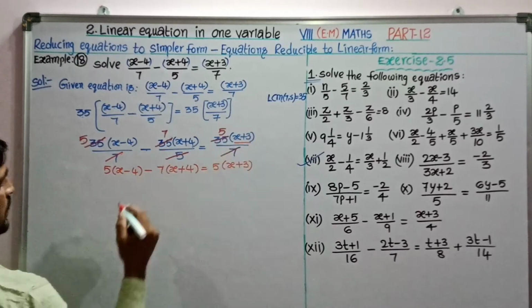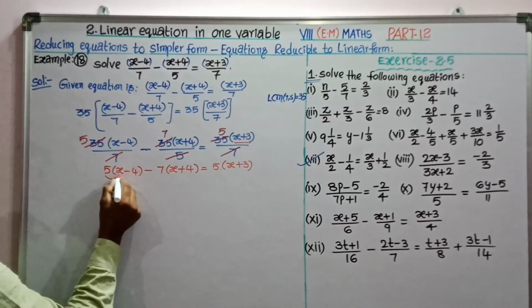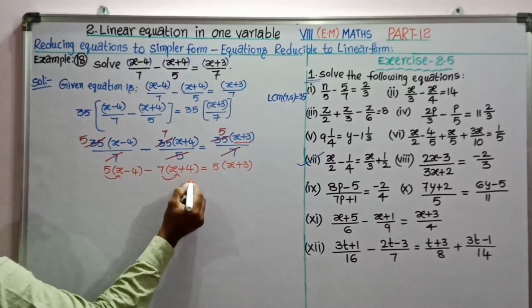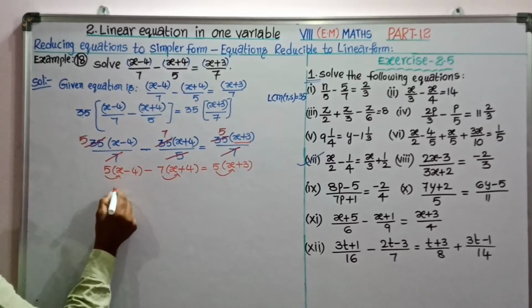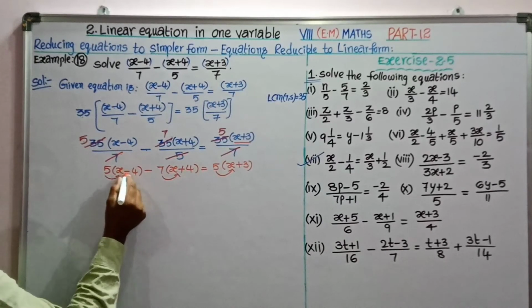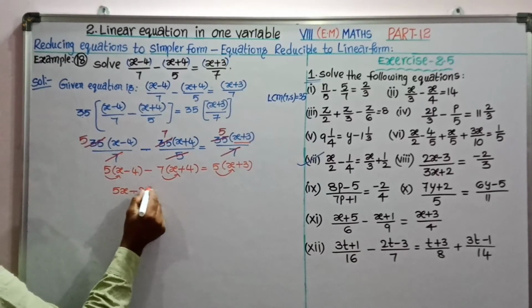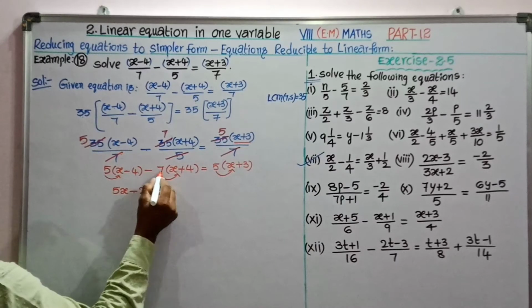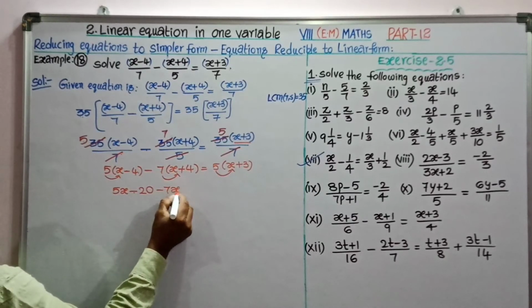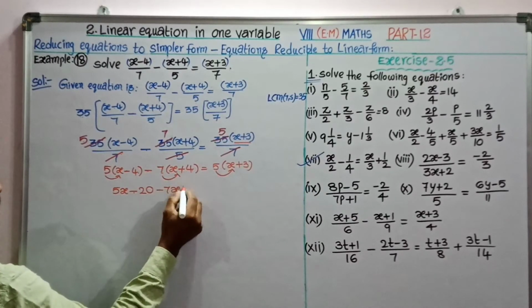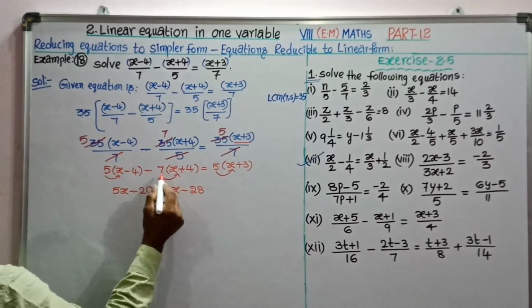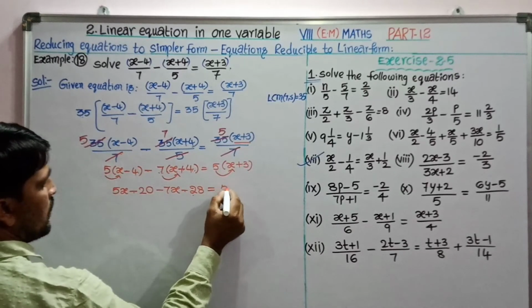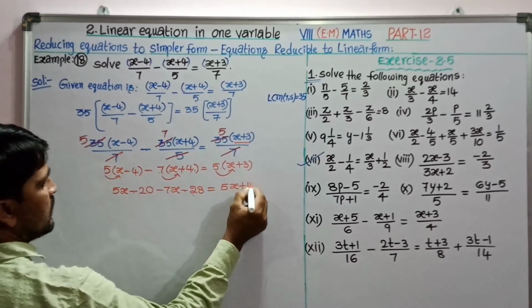Now distribute this 5 here and minus 7 here and 5 in RHS. 5x minus 5 fours are 20, minus 7x, minus 7 into plus 4, minus 28, since minus of plus is minus, 7 fours are 28. Similarly, 5x plus 5 threes are 15.